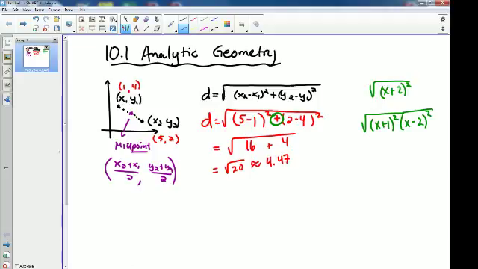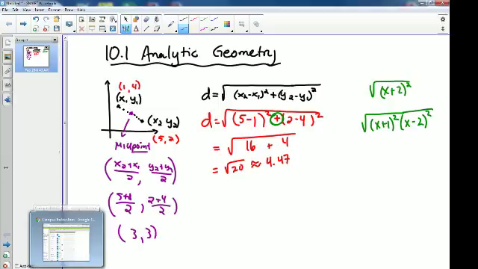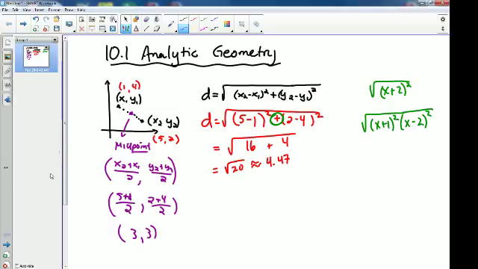Do you want me to work that through with the points that we have up there? So the x coordinate of the midpoint is 5 plus 1 divided by 2. And the y is 2 plus 4 divided by 2. We agreed there, right?